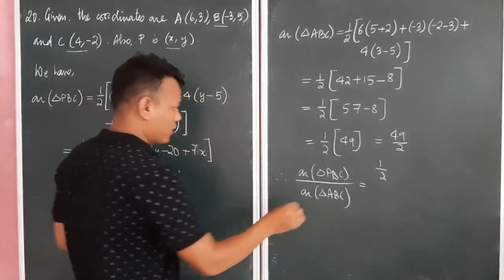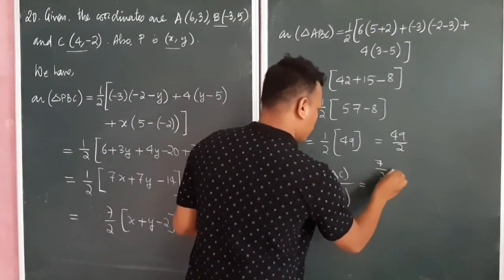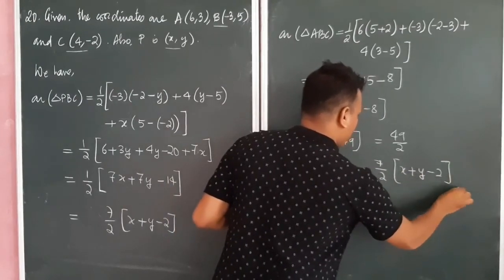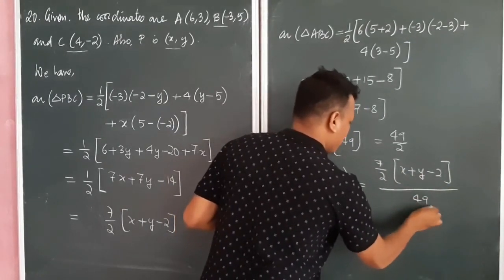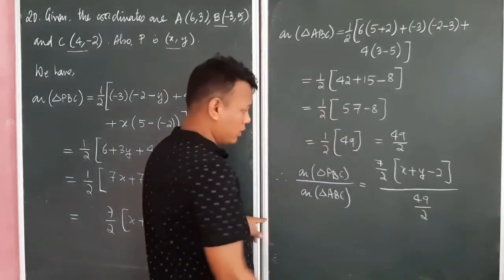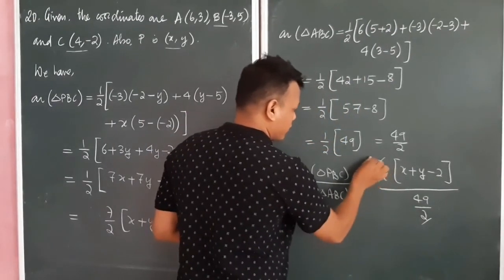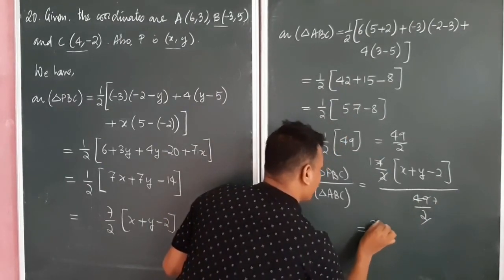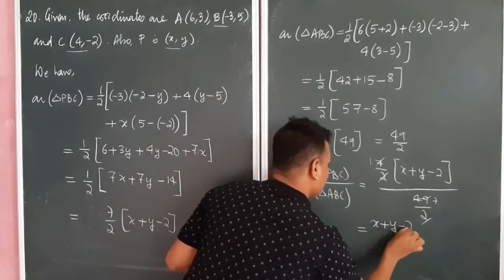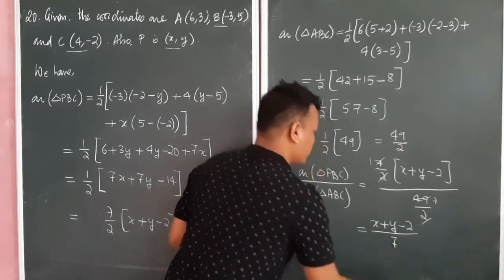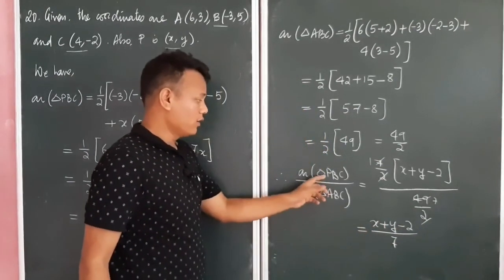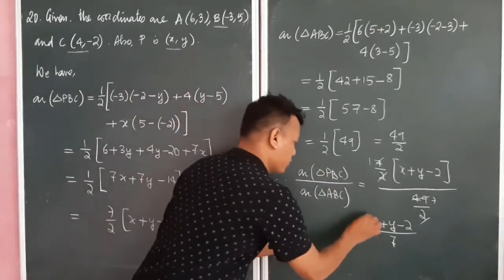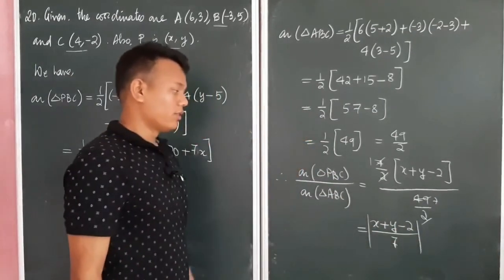So we have 7 by 2 into x plus y minus 2, by 49 by 2. The 2 and 2 get cancelled, 7 1s are 7, 7 7s are 49. So we have x plus y minus 2 by 7. That's what we needed to show, that the ratio of their areas will be this much itself. You can put the modulus as well if you want.